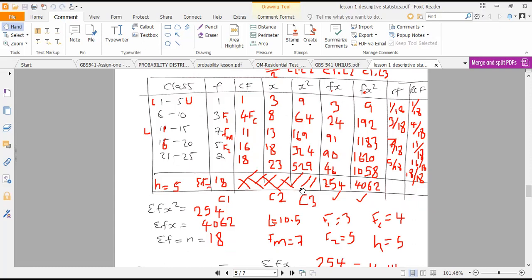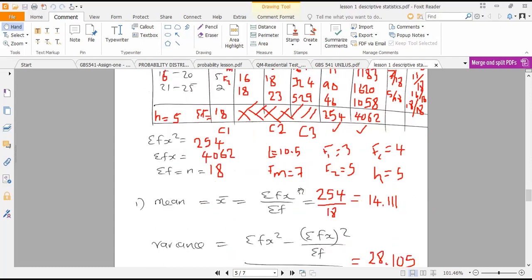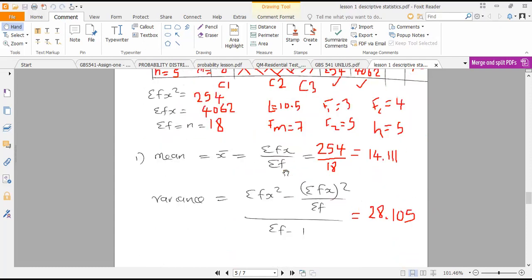How do we find the mean? The mean is summation of fx over summation of f.